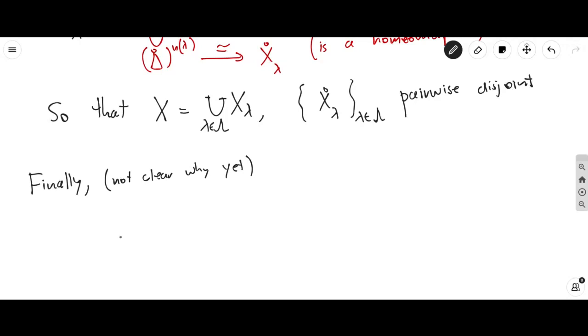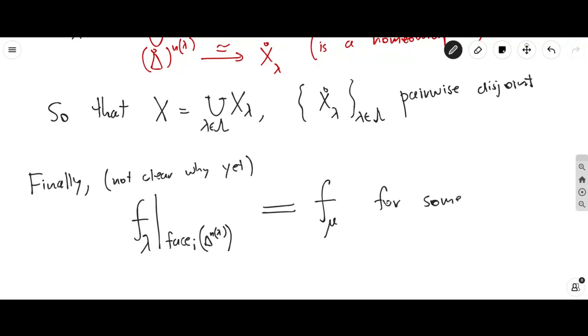And finally, the other condition is that if you take one of these maps, f lambda, and you restrict it to one of the faces, then this would be equal to some other mapping in your list, let's say f mu for some mu in the indexing set.